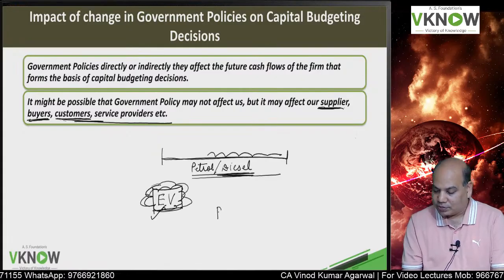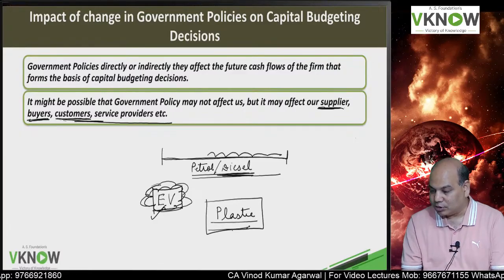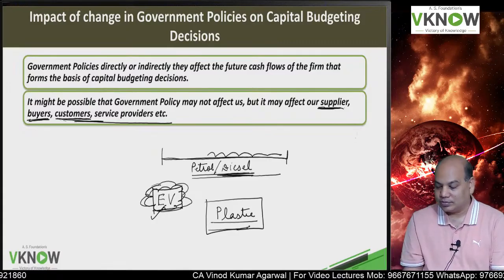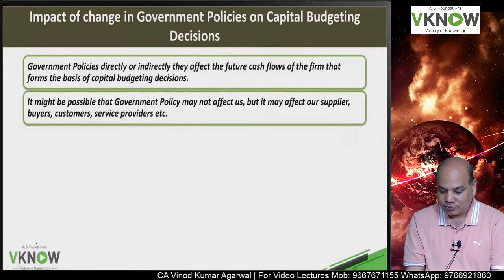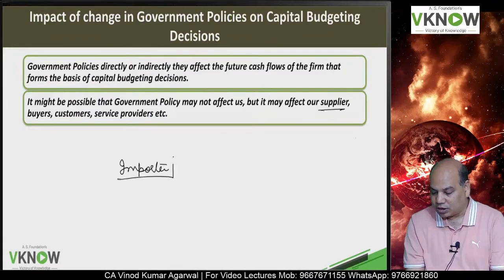One more example will be, for example, ban on plastic. Imagine those companies which were manufacturing plastics. What will happen to them? They will have to shut down. Abandonment will apply. Or for example, you are importing, your supplier is in foreign country, you are an importer.